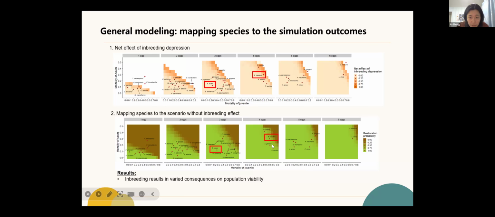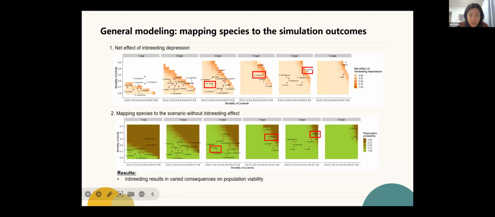For this species, inbreeding has a relatively high influence, about a 25% decrease in restoration success. And for this species it becomes even more severe, because originally, without considering inbreeding, the species still has a certain chance to successfully recover.